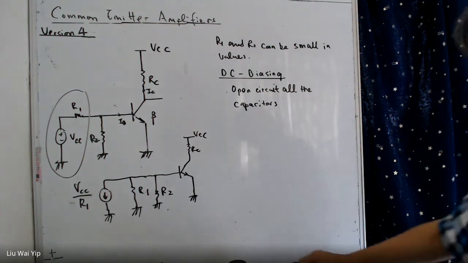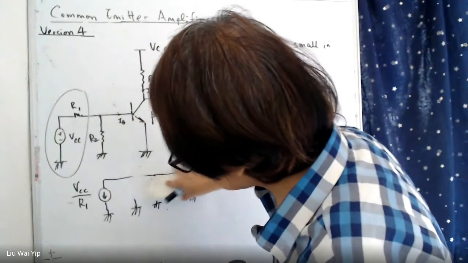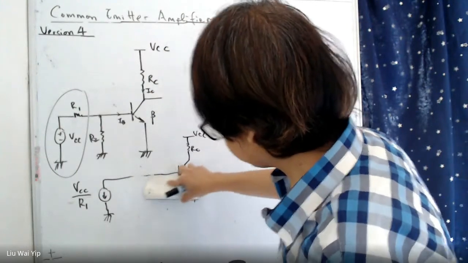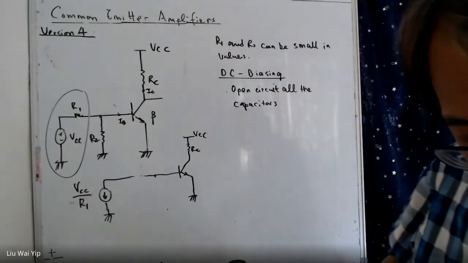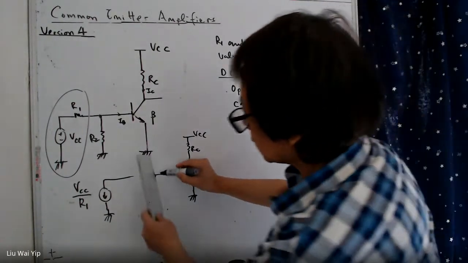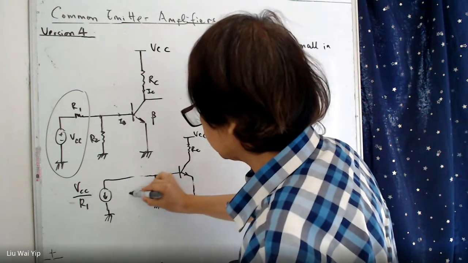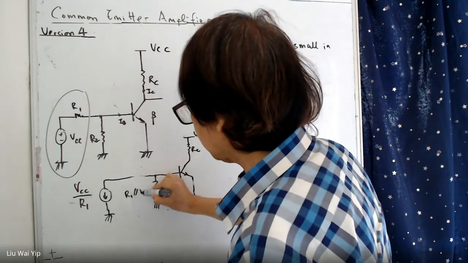Then what we can do is to merge them together, and we end up with a single resistor, R1 in parallel with R2.